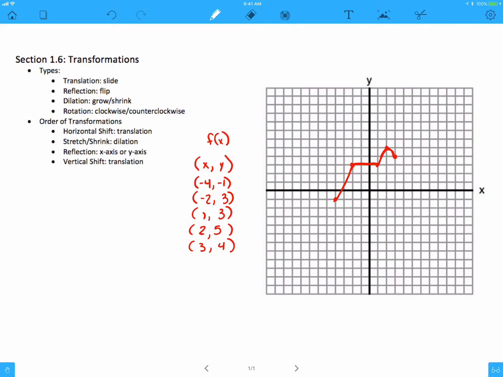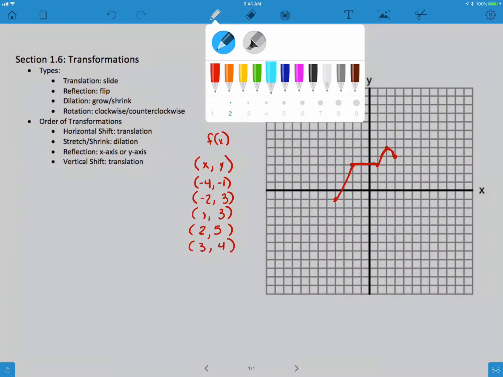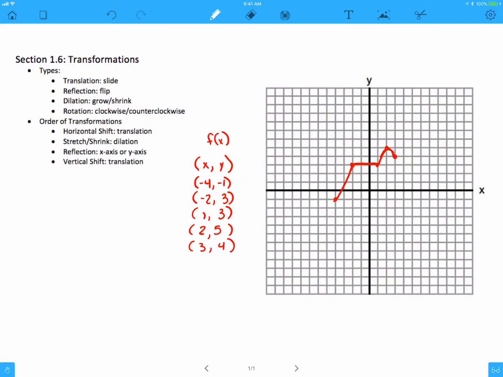Now, to do a rotation, we have a formula that will do it for us, which is really nice. The formula is you're going to flip the 2 coordinates around, and you're going to make the first one negative, like opposite. So the first coordinate we had was -4, -1.